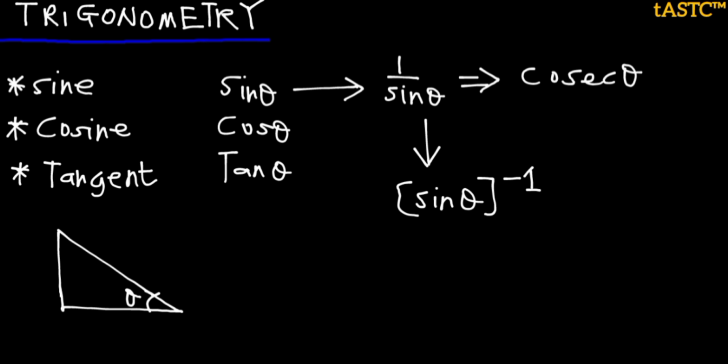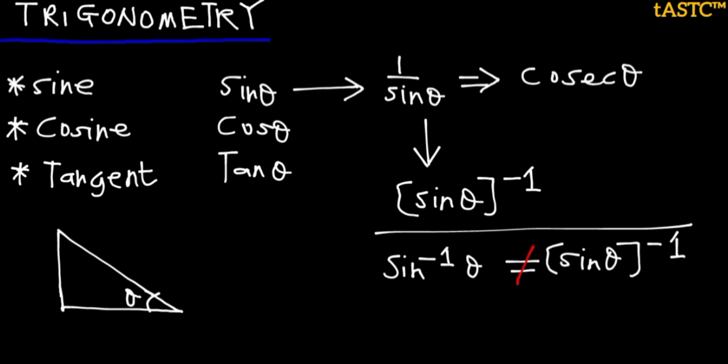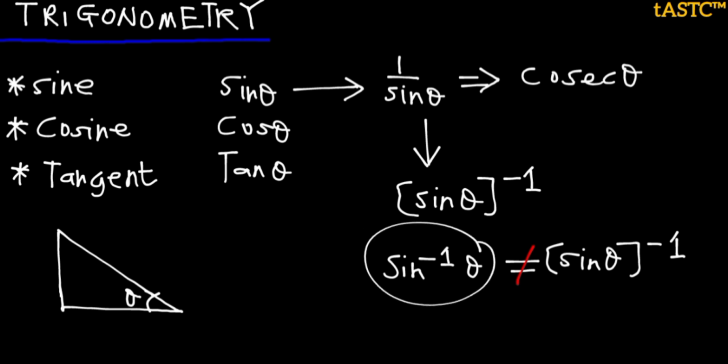Now, before we go on, you could have another trigonometric representation in this form, sine to the -1 of theta. This is not the same thing as this other one. These two are completely different. This means the sine inverse of the angle theta, while this stands for the reciprocal of sine theta.